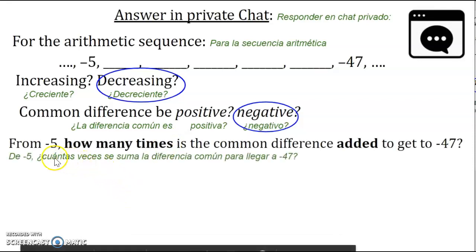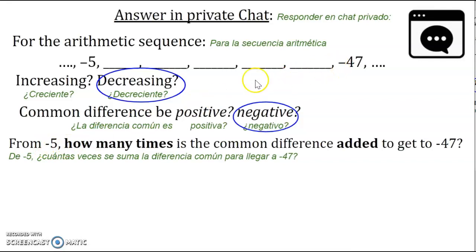Okay. So then from -5 to -47, how many times is the common difference being added to get to -47? So we're missing 1, 2, 3, 4, 5 numbers, but to get there, we are going to add common difference 1 time, 2 time, 3 time, 4 time, 5 time, and 6 time.